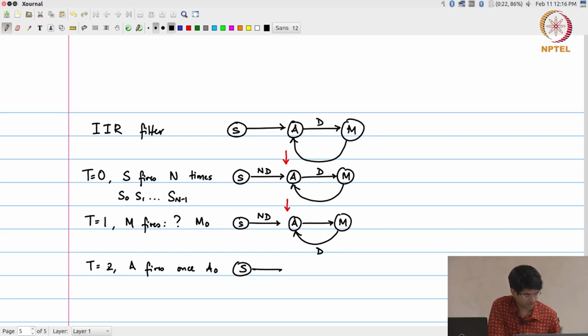And my graph now looks like this. D comes at the output over here. What about the S to A edge? It becomes n minus 1 D.